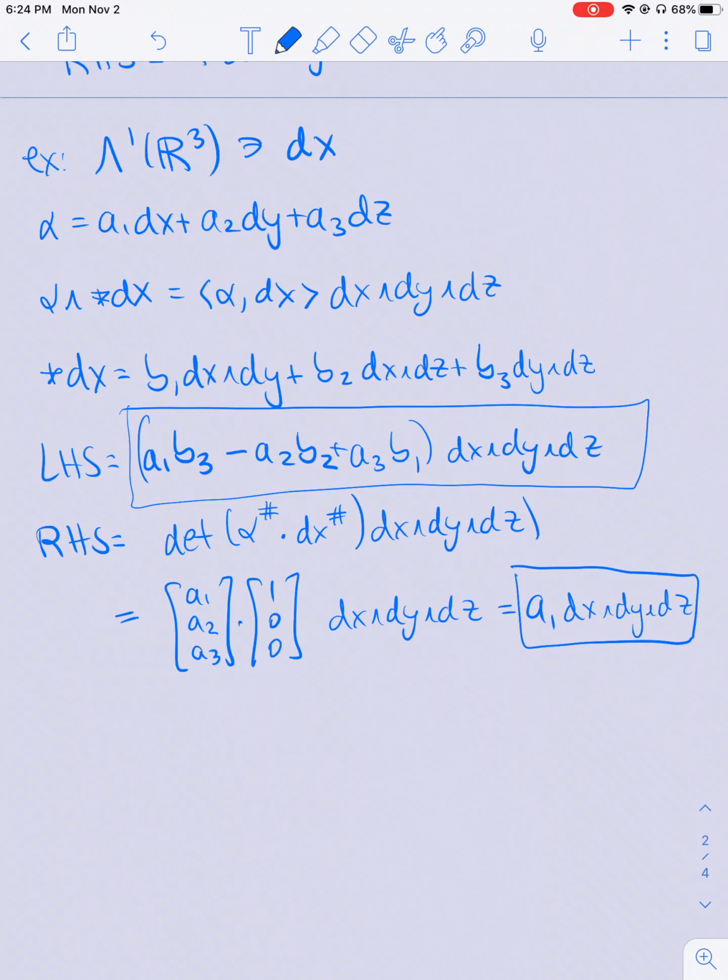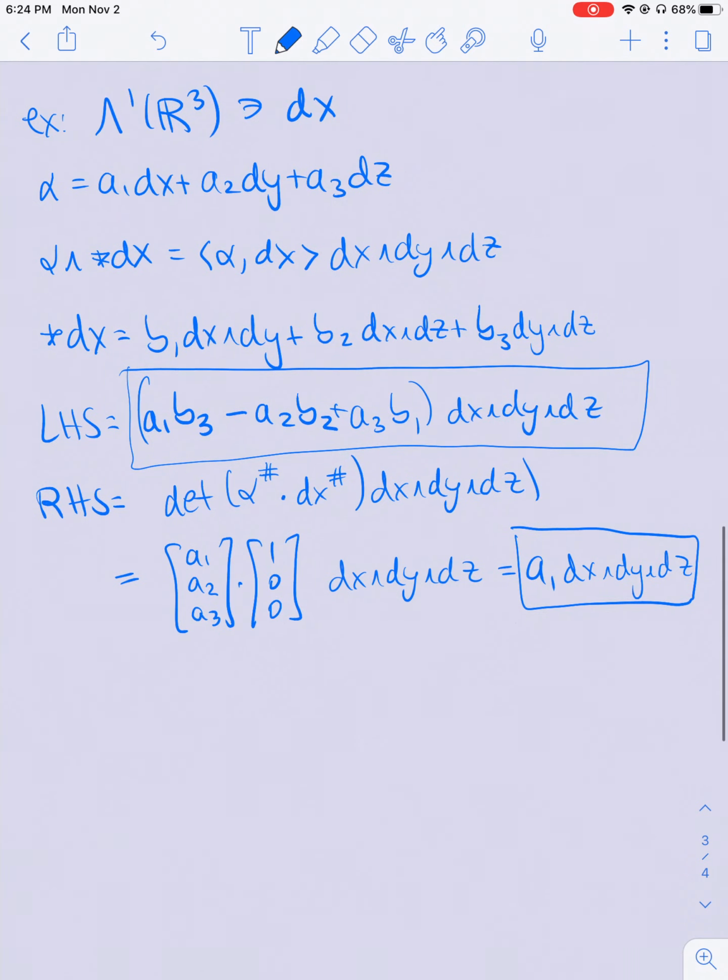So I'm trying to solve for b1, b2, and b3. And I have perfect freedom to choose a1, a2, and a3 as I see fit. So let's do it one at a time.